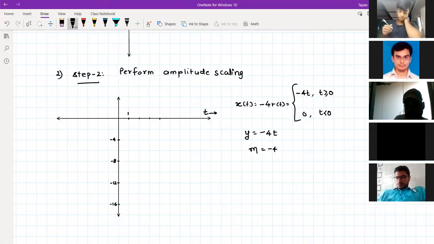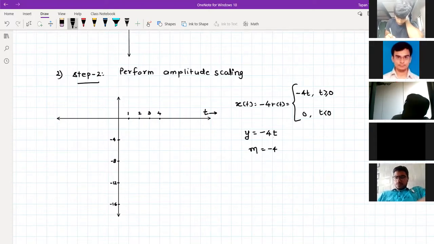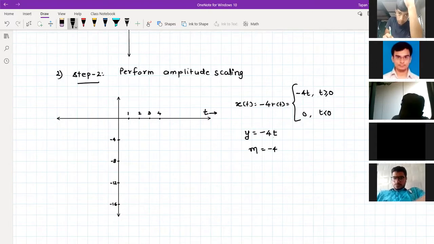Whereas this is 1, 2, 3, and 4. For t equal to 1, you will get minus 4. For t equal to 2, you will get minus 8. For t equal to 3, you will get minus 12. And for t equal to 4, you will get minus 16, which will continue up to infinity.